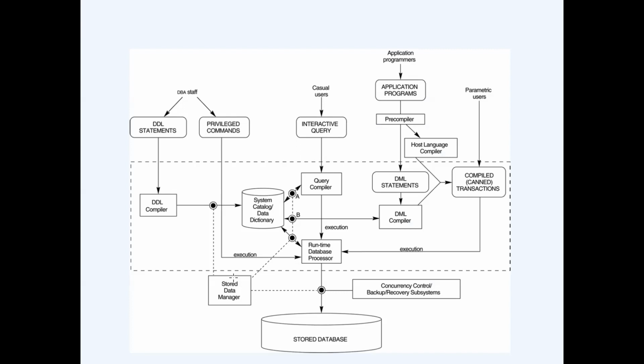Right. Now, each of these different users will access data in different ways. That's what we are trying to explain here. For example, parametric users, that means general users who execute already existing functionality, we call canned transactions.